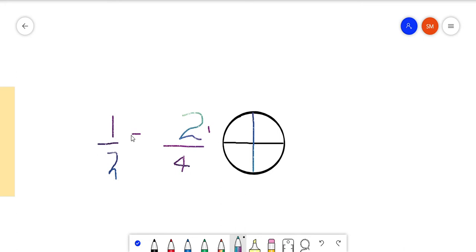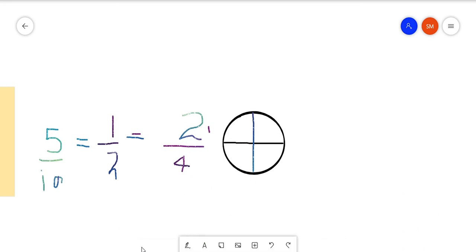Equivalent fractions can be divided into more fractions, like 1 half can be divided into 5/10. So what is a unit fraction? Let me type that.